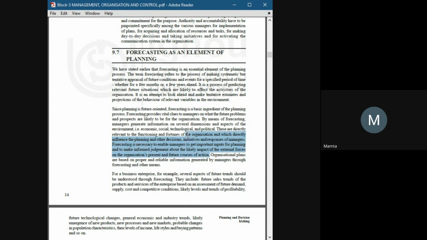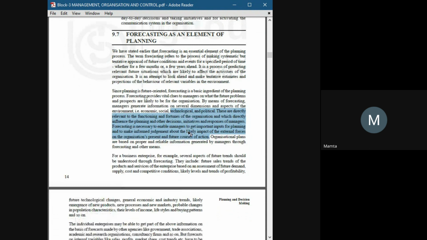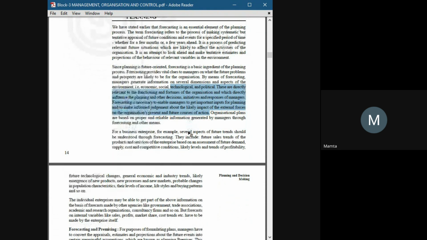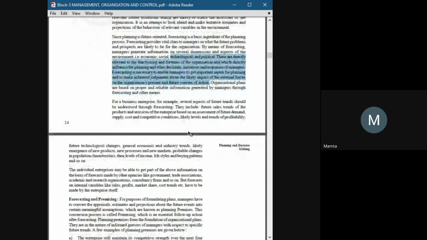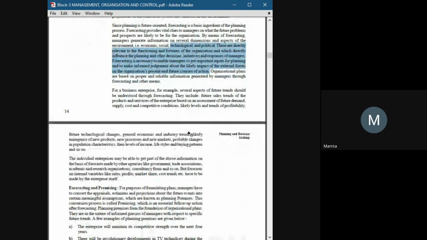So that's how forecasting works for planning. Planning is based on forecasting, because we do not know what is going to happen in the future. So we just forecast it.